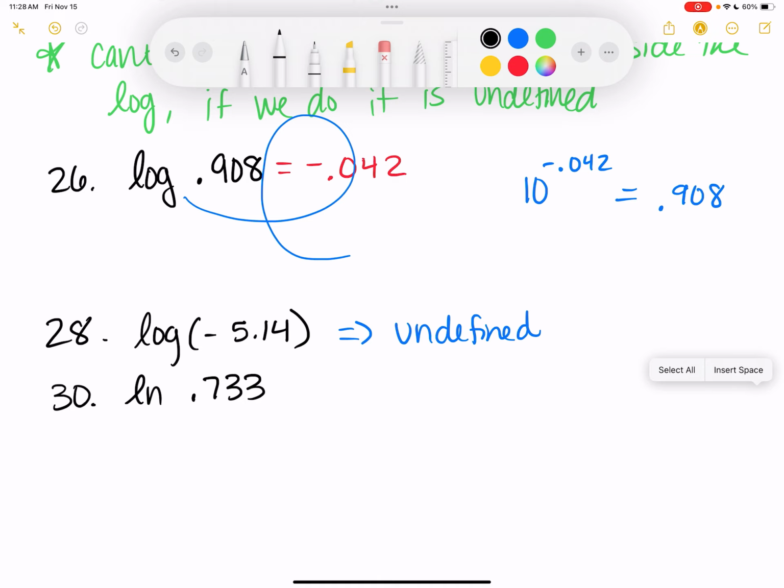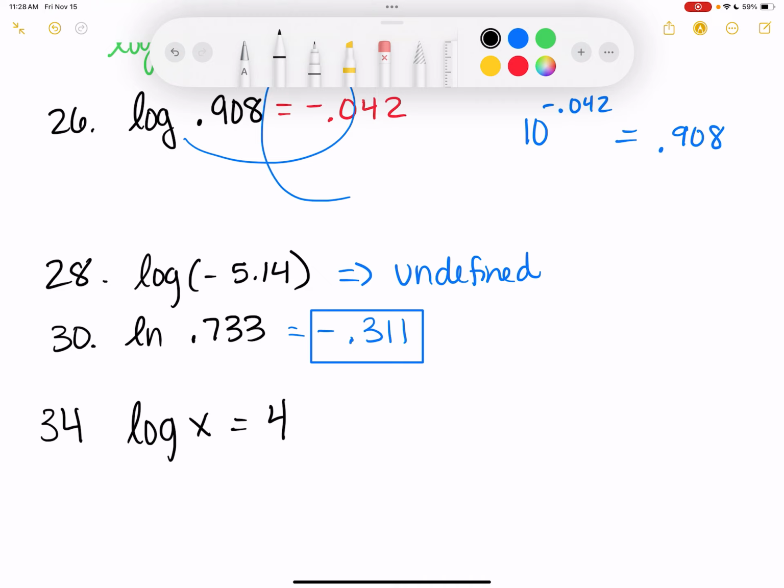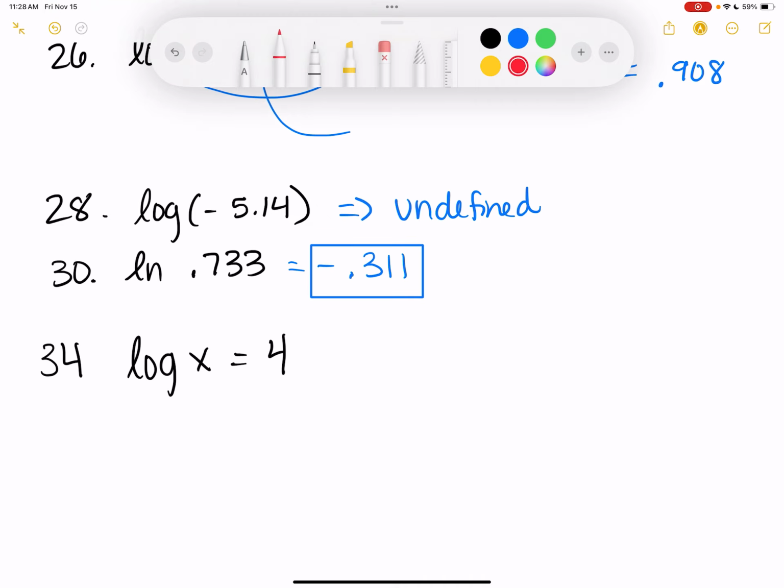All right, the last stuff in this section is to solve the equation by changing it to an exponential form. So 34, we have log of x equals 4, and we're trying to solve for x. So I do that with the E method. So you start down here, up through the 4, and back down.